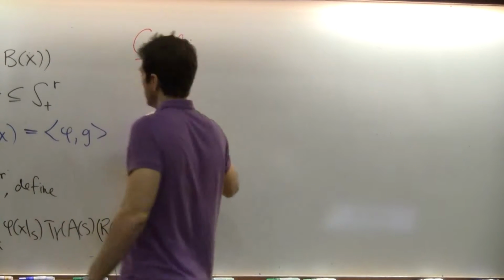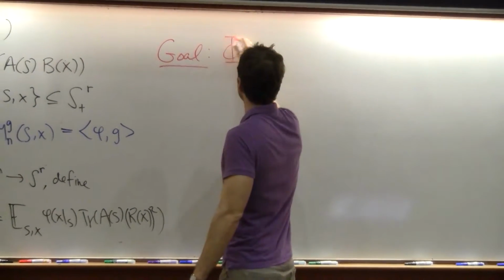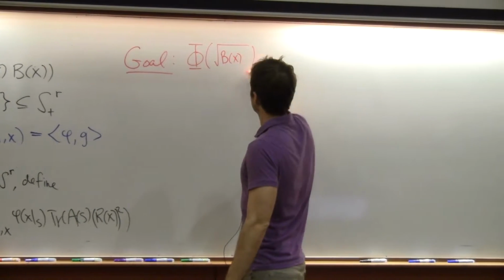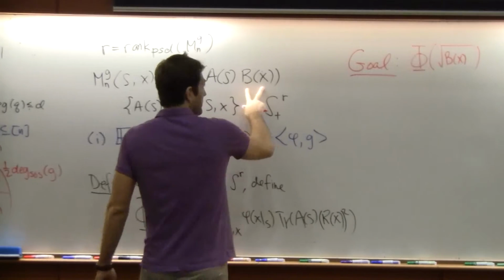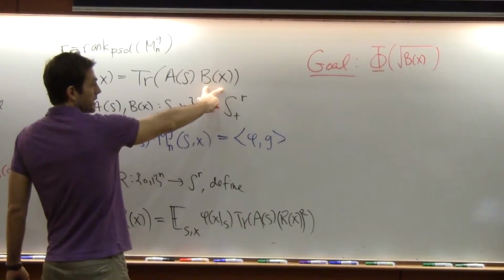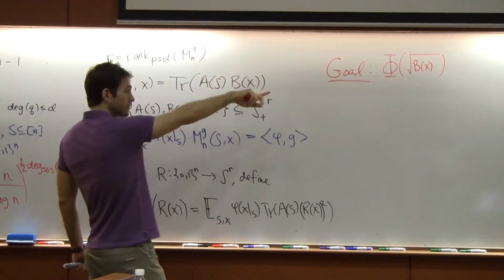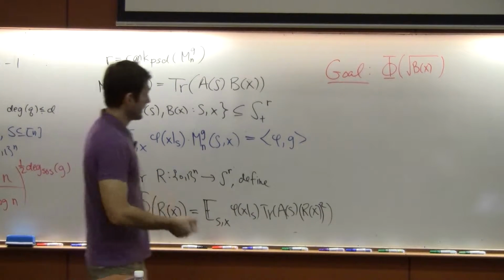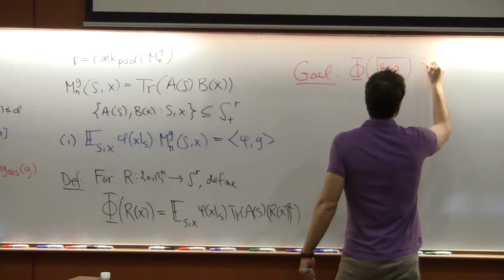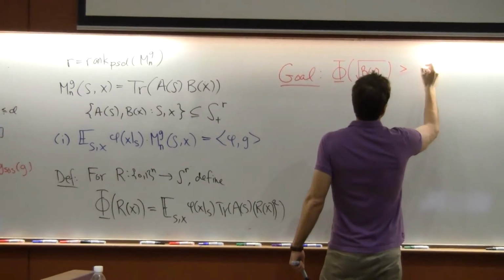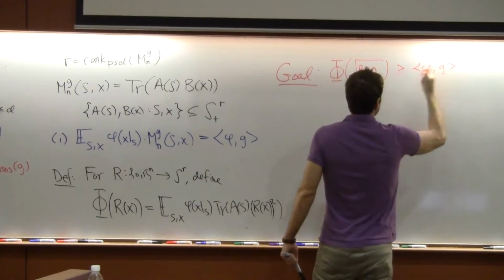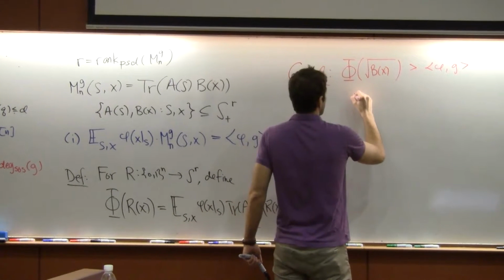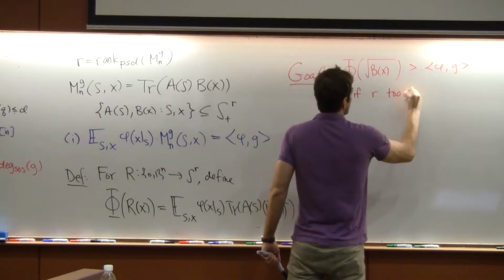So now we can translate our goal. Restated, it is just proving that phi applied to the square root of b, which you can take since b of x is a positive semi-definite matrix, so you can take its square root as a matrix, is bigger than what we would get for the left-hand side, if R is too small.